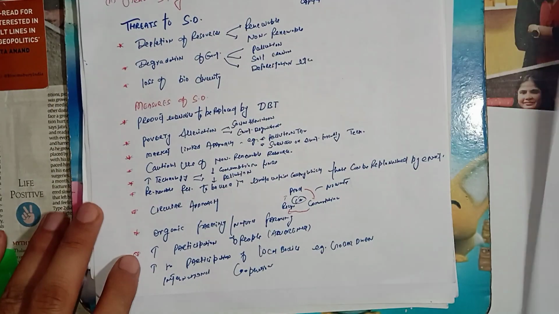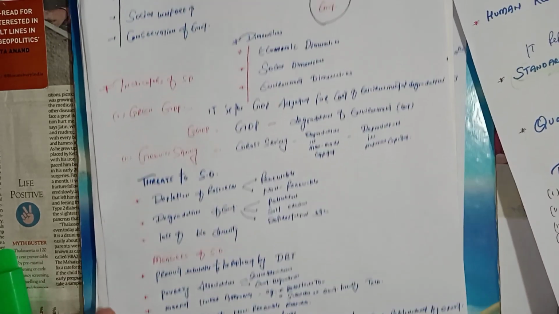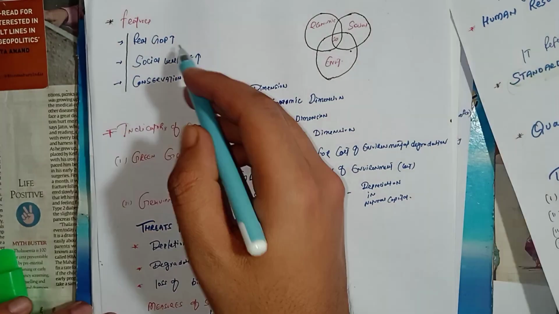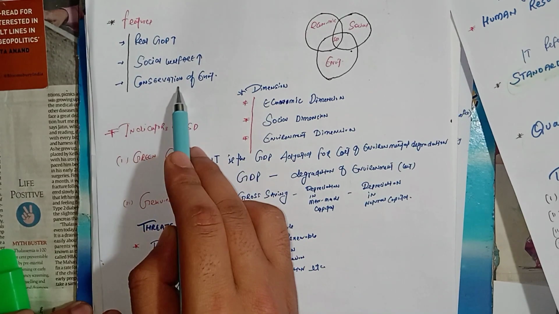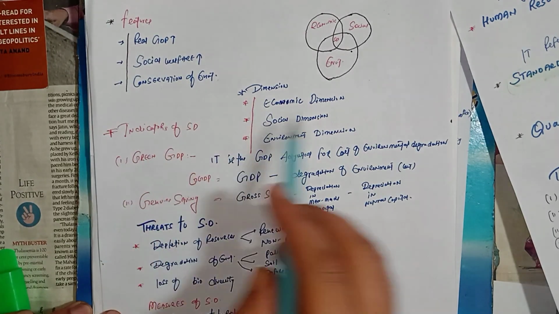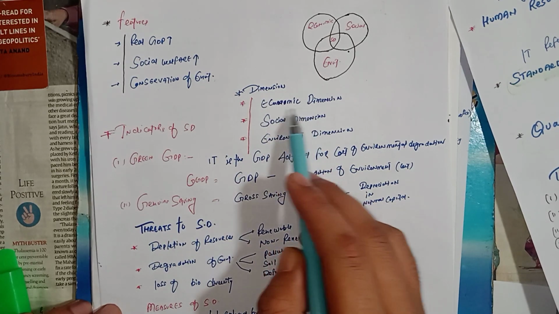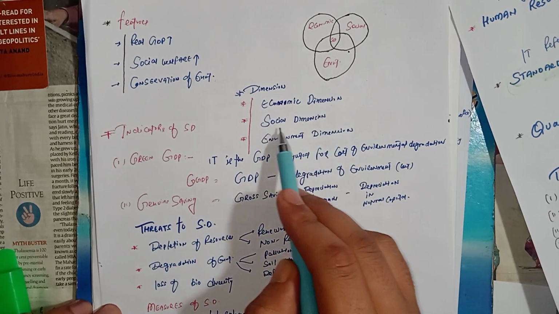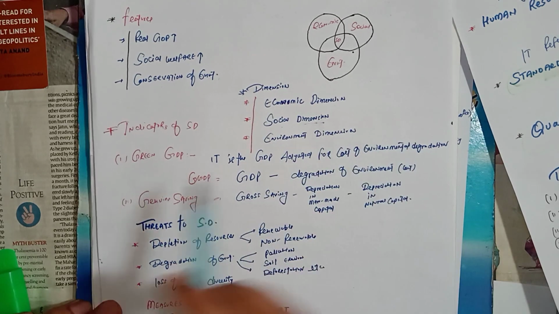Now the next thing: what are the different features of sustainable development? Real GDP increases, social welfare increases, and conservation of the environment. Different dimensions of sustainable development are the economic dimension, social dimension, and environmental dimension.